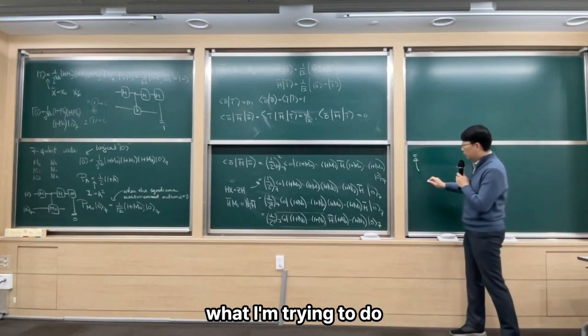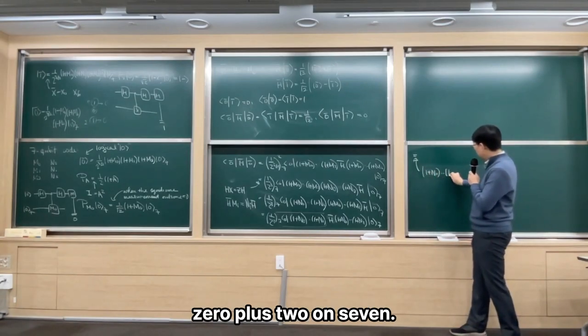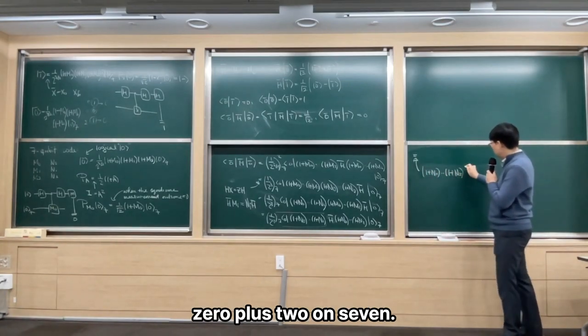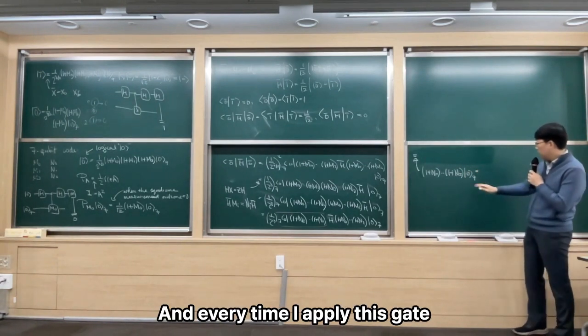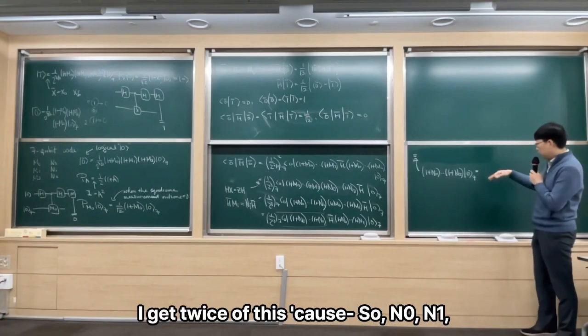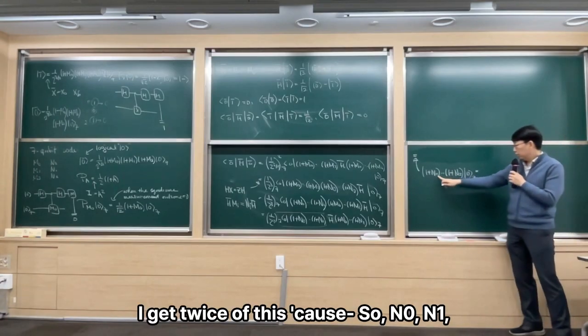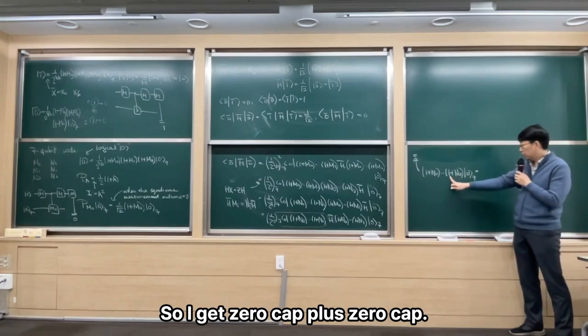So here, what I'm trying to do is suppose that I have n0, n2 on 7, and every time I apply this gate or its operator, I get twice of this, because the n0, n1, n2 applied to 0 cat is 0 cat. So I get 0 cat plus 0 cat.